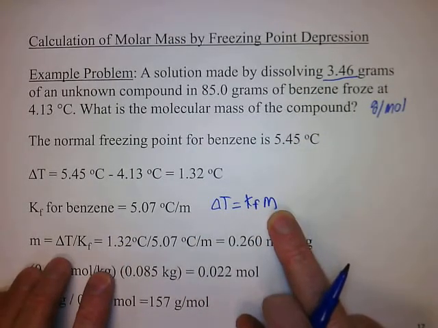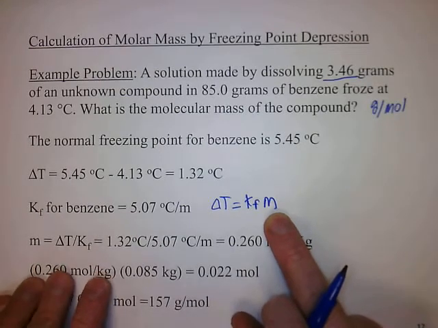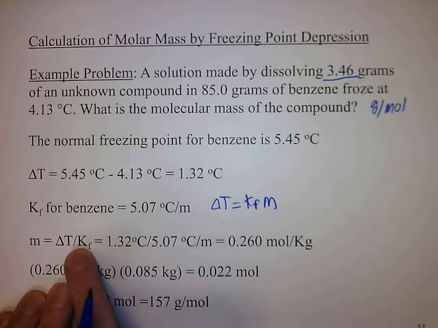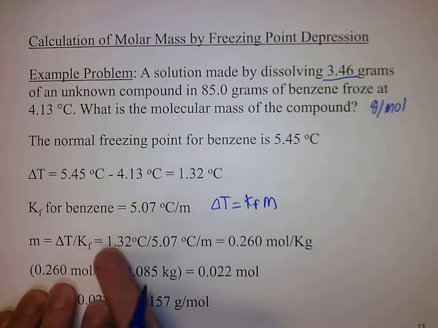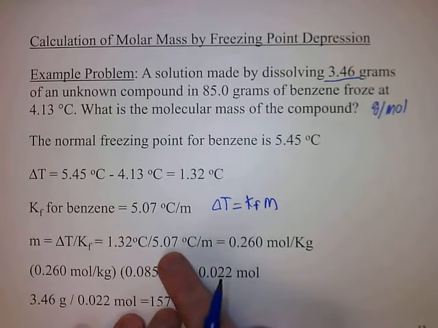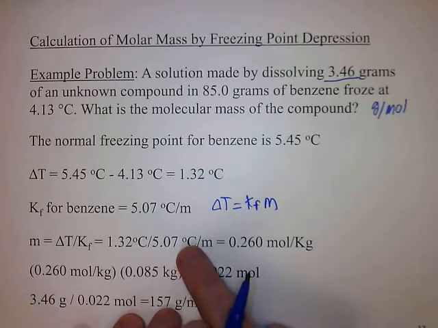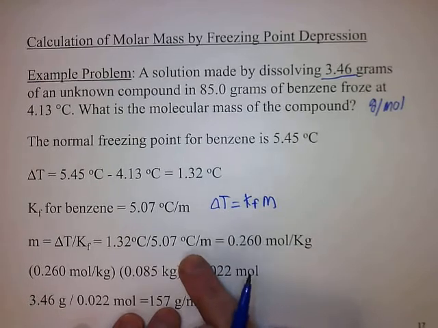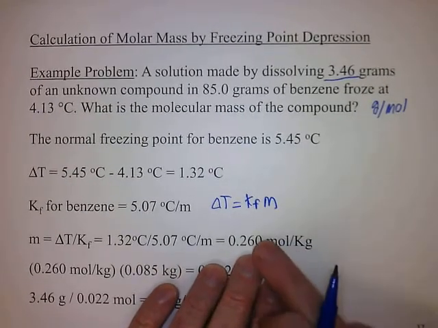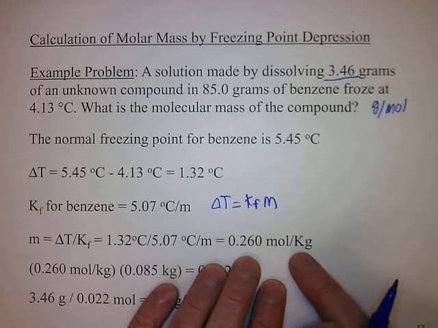What we want to calculate is the molality of the solution. Right, so m is delta T over Kf. Okay, so 1.32 degrees Celsius divided by 5.07 degrees Celsius per molal finds out that the molality of our solution is 0.260 moles per kilogram.